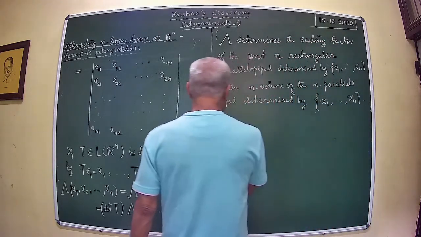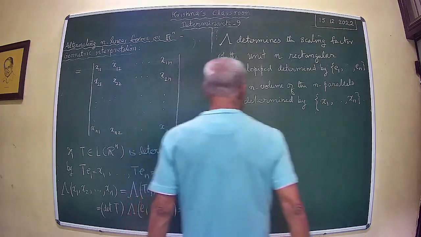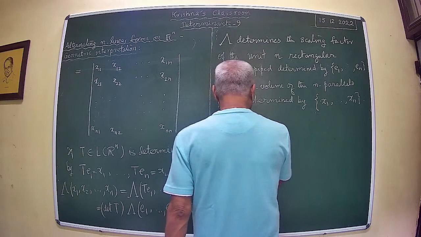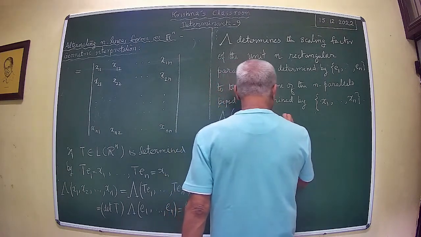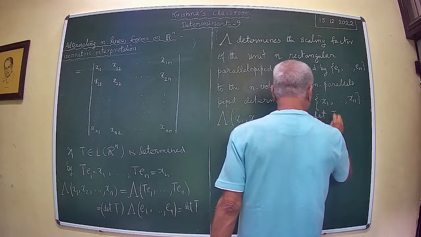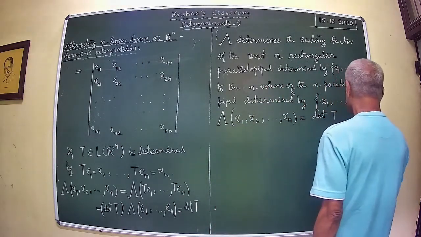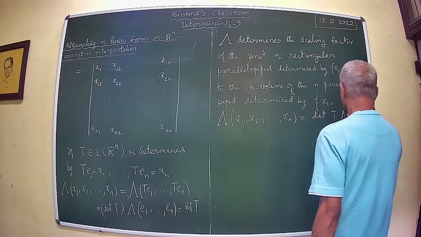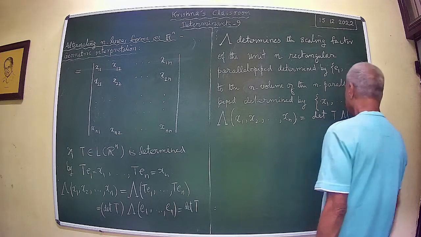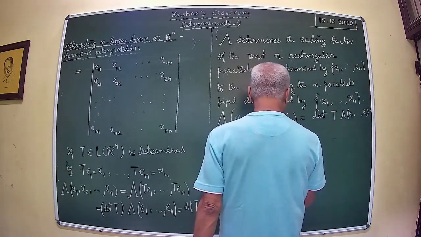That is what you have: that is the volume of the n parallelepiped determined by x1, x2, ..., xn equal to the determinant of T, that is the scaling factor, where T is given by T of Ei equal to xi.